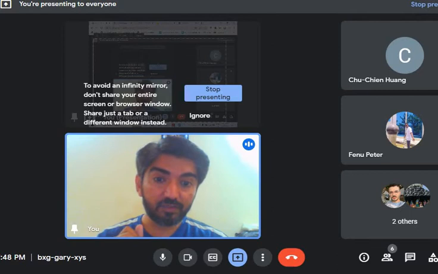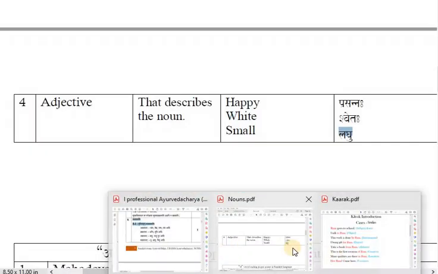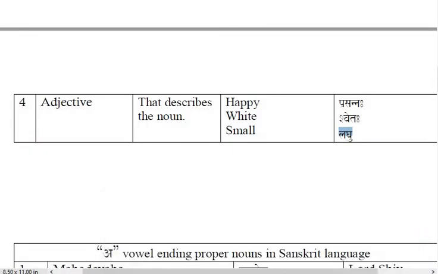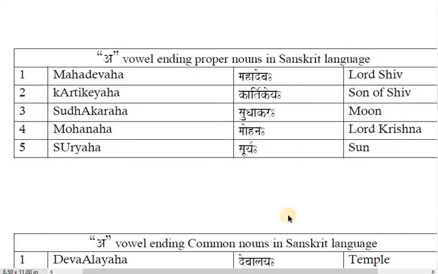Right. Now here you read, let us throw some more light on this. Here a vowel-ending proper noun is there, an a-ending proper noun. So here we have Mahadeva, which is ending with an a sound, no? Lord Shiva, a. Kartikeya ending with a. Sudhakara ending with a. Mohana ending with a.